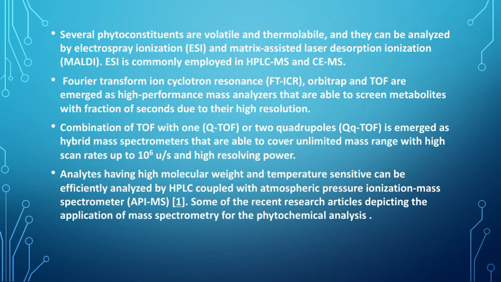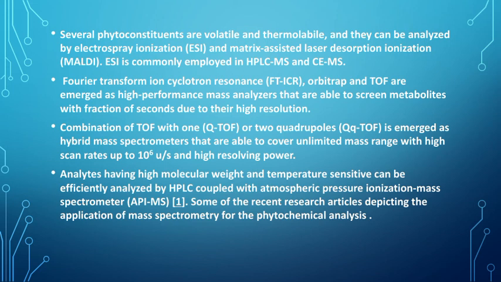Fourier transform ion cyclotron resonance, Orbitrap, and time of flight have emerged as high performance mass analyzers that are able to screen metabolites in fractions of seconds due to their high resolution.